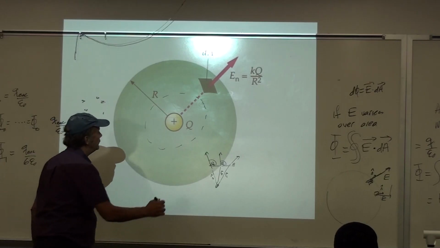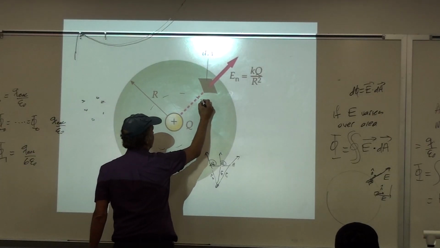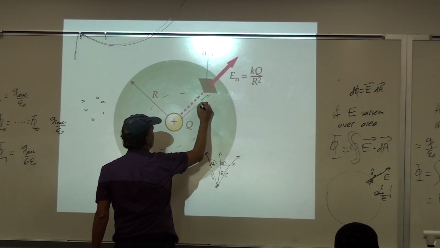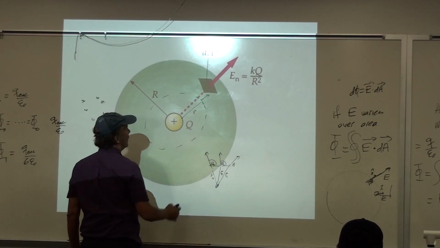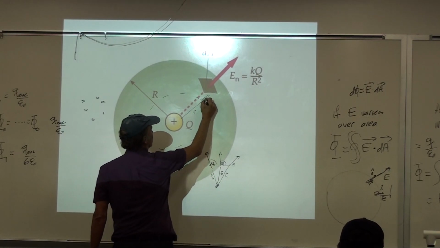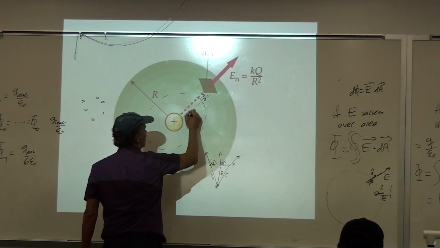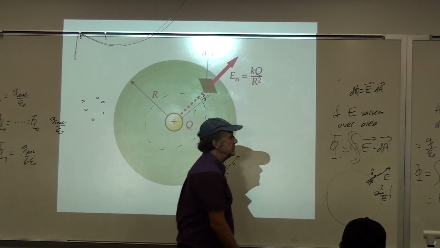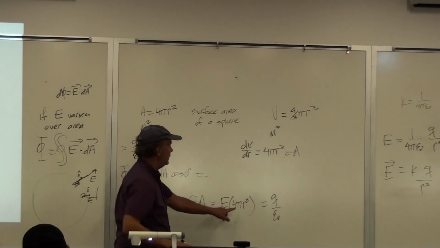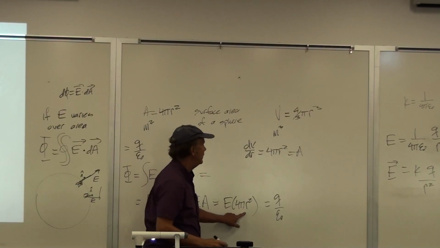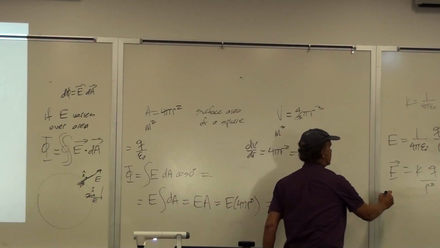And so if you do it from this point here, then this is some other r, but the unit normals are the same, the electric fields are the same, so the Gauss's law integration does not depend on the size of r. This is E as a function of r.